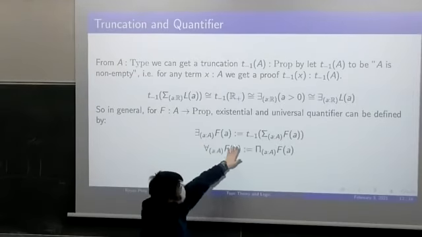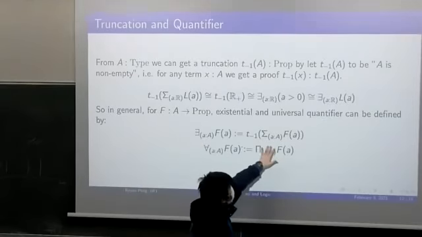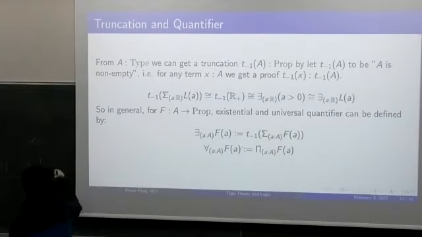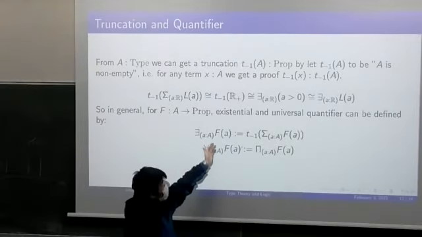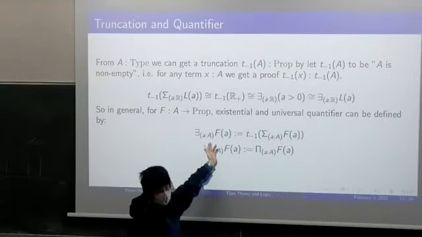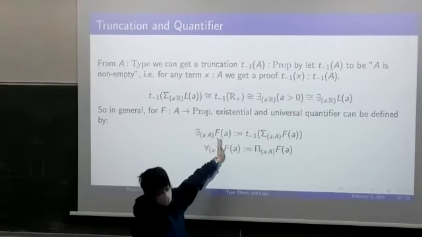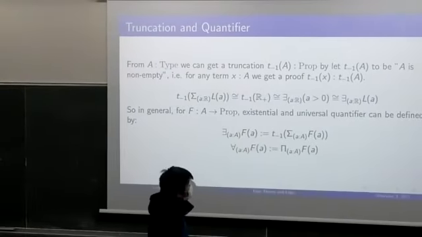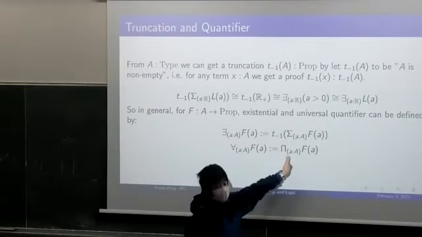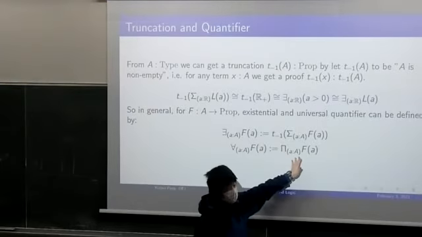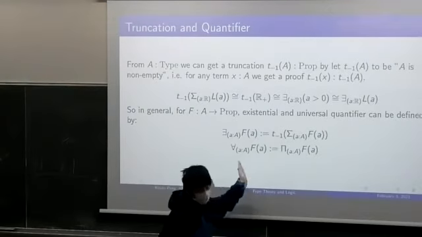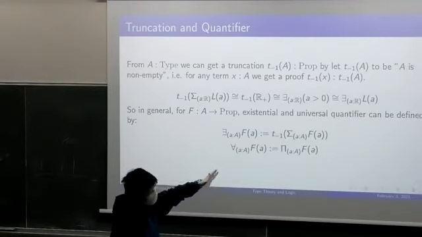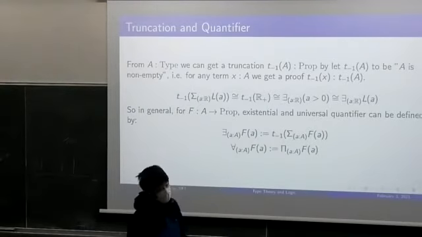If we take the sigma type of some fibration, and then take the truncation, we get the exist of this proposition. And here we do not need to take the truncation, because if every fiber has at most one element, the section automatically has at most one element.